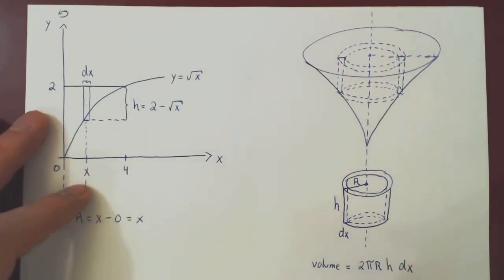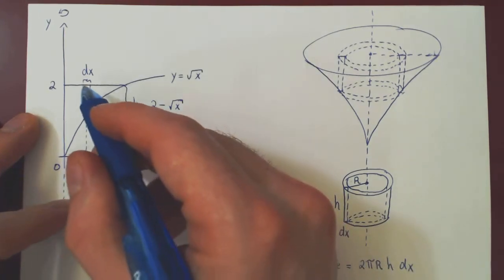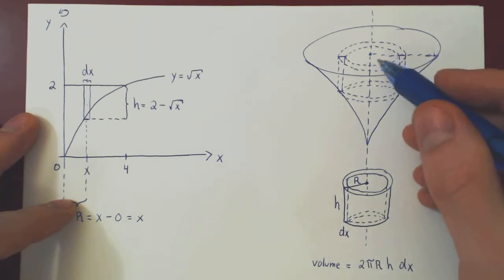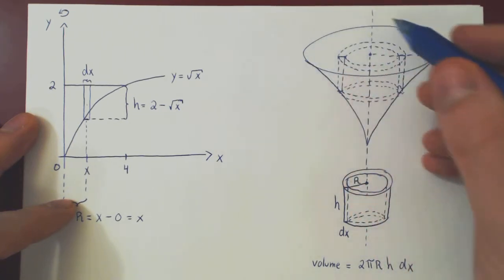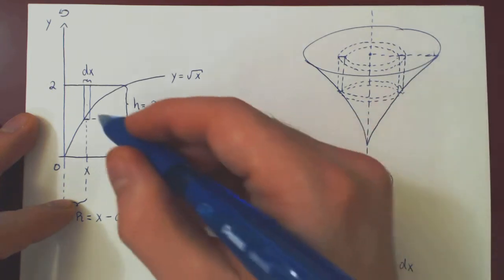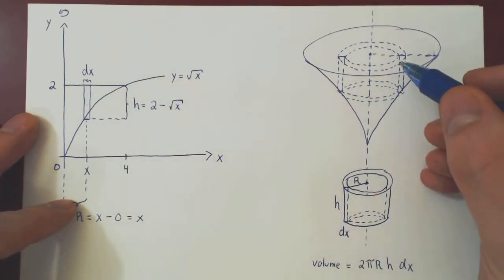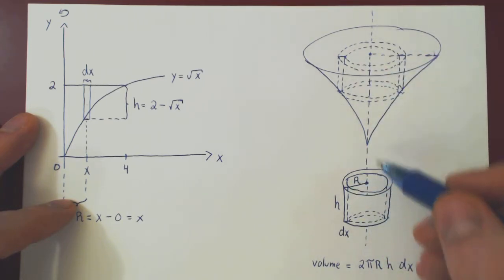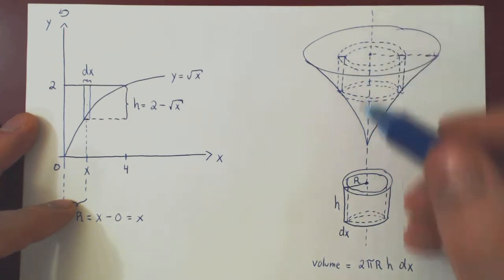And so you can see, by taking a little slice of your entire region and not revolving the full region about the axis of revolution, but simply a little portion of it, the little rectangle, you generate a nice little cylindrical shell within the complete solid.